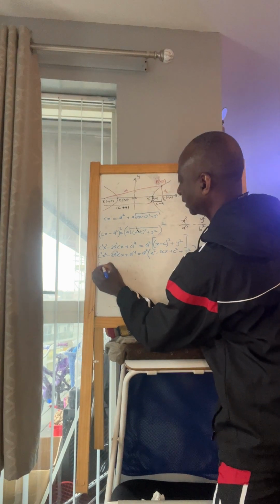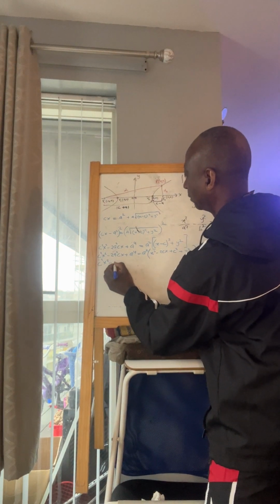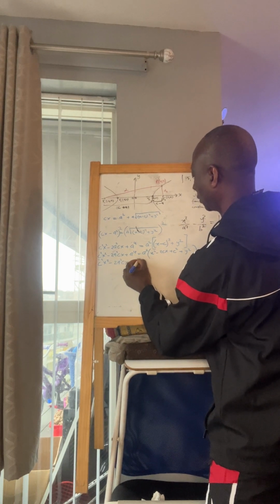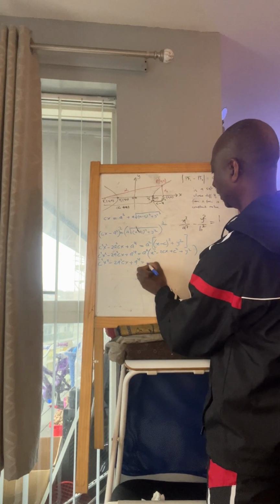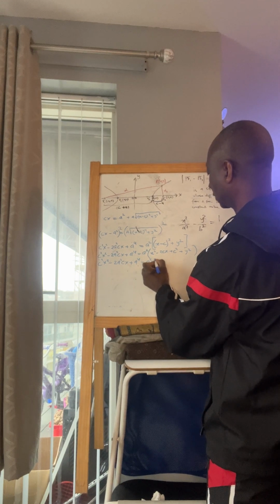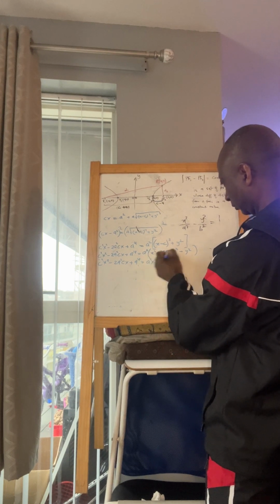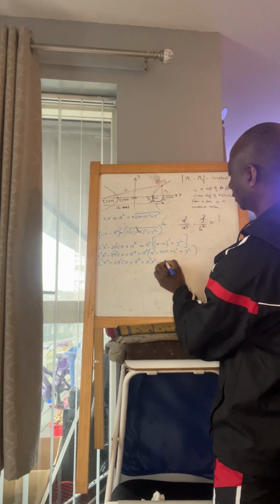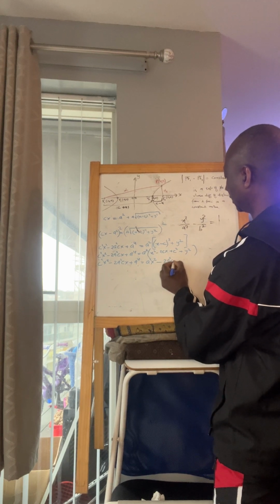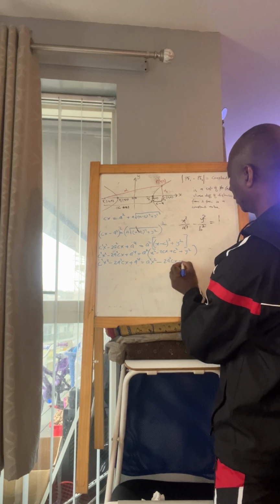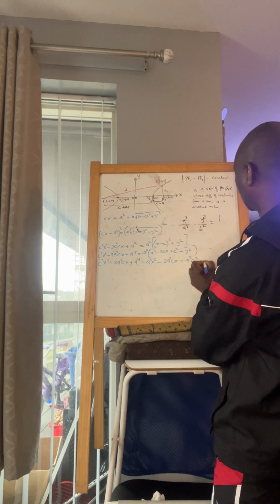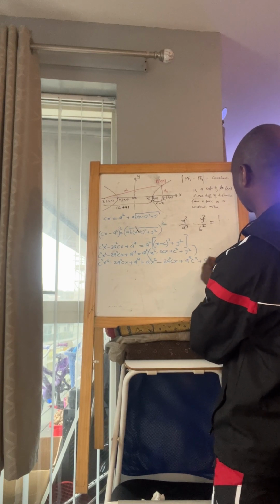So now you get here c squared x squared minus 2a squared cx plus a raised to the power of 4 equals a squared x squared. I'm distributing this a squared to everything here. Minus 2a squared cx plus a squared c squared plus a squared y squared.